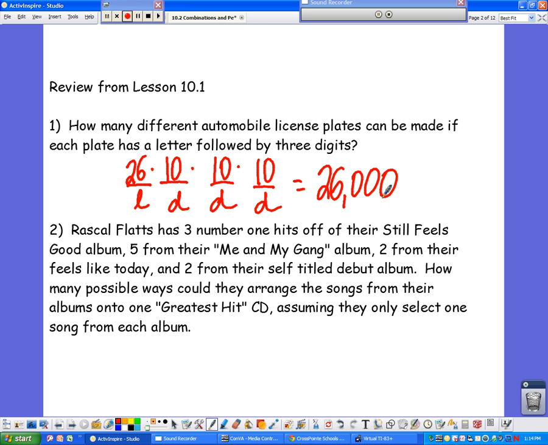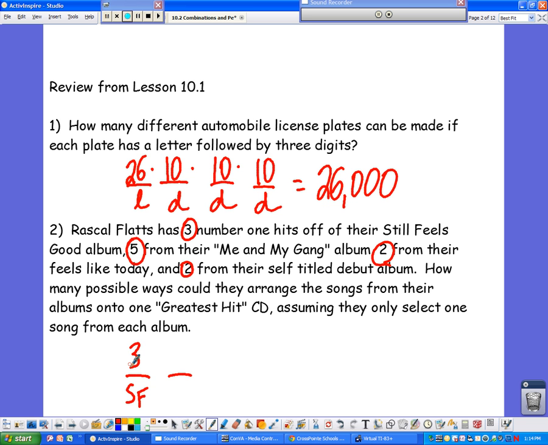Well, first of all, they have 3 from their Still Feels Good album, 5 from Me and My Gang, 2 from their Feels Like Today, and 2 from their self-titled debut album. So if I wanted to pick a song, from the Still Feels Good album I have 3 that I can pick from.